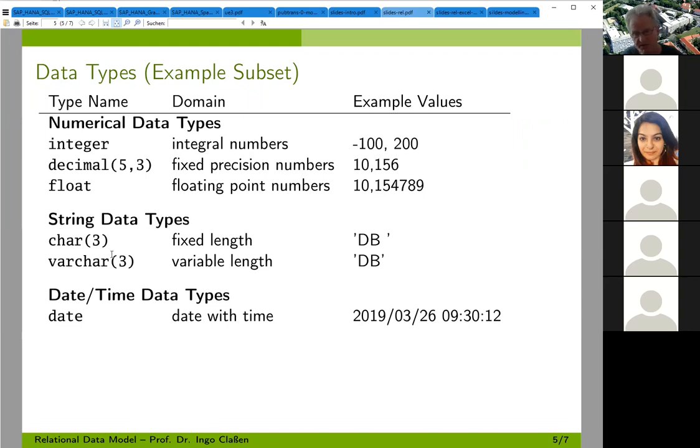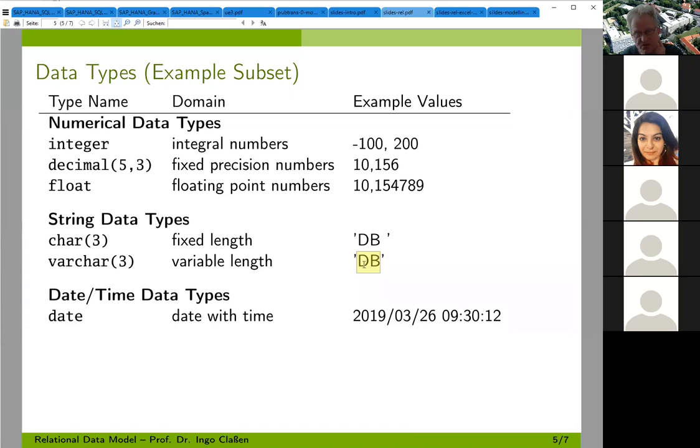So the string data types: there are fixed length strings and variable length strings. The variable length strings we have already encountered. So if I have a varchar 3 and I insert the string db, then only the 2 letters would be stored, and a maximum of 3 letters would be allowed.